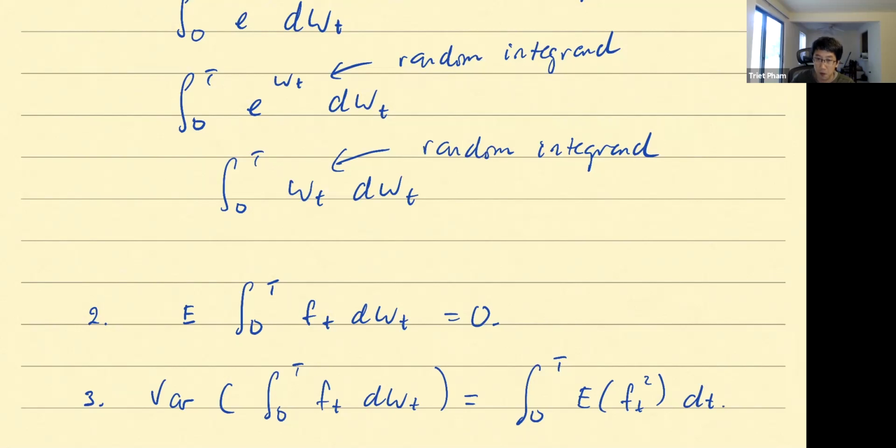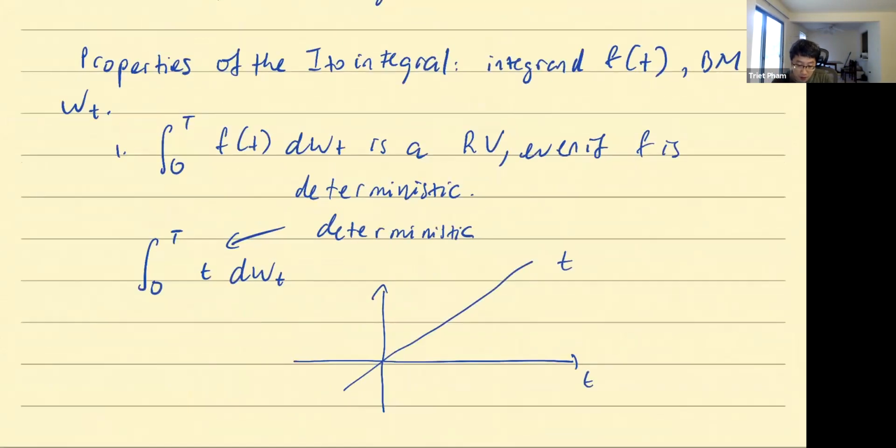Okay. So again, some basic properties, but if you are not careful to interpret, you will go wrong. First of all, this is a random variable. So therefore the concept of mean and variance apply to it.